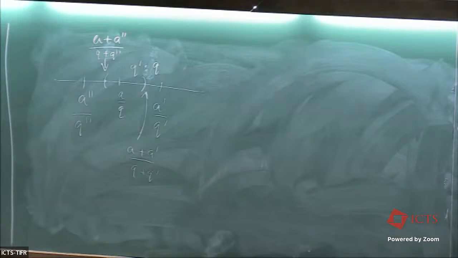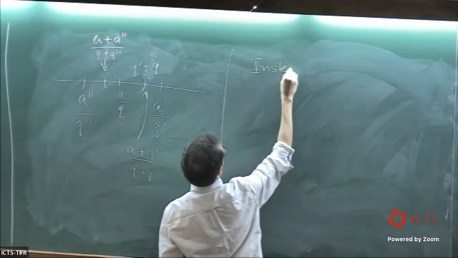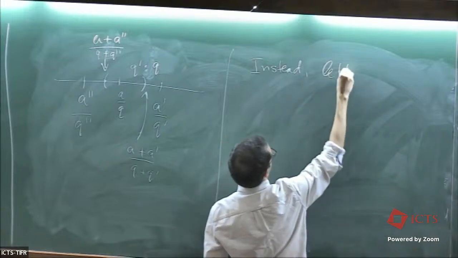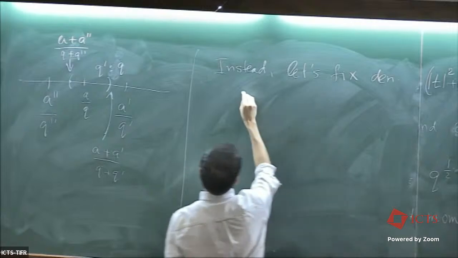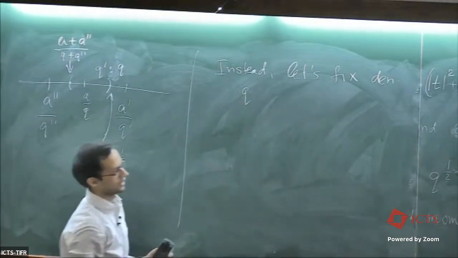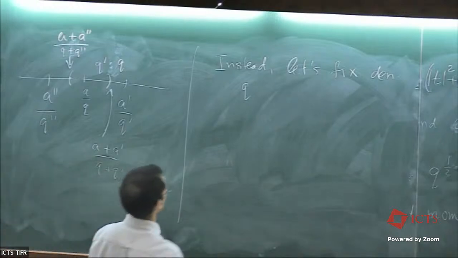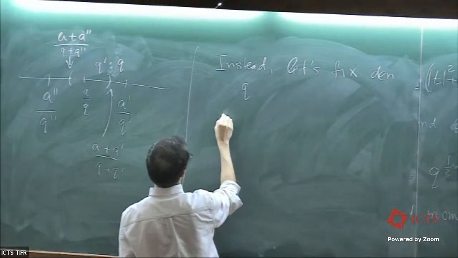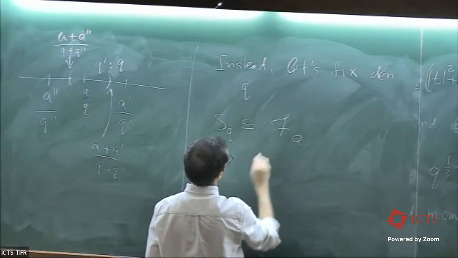Okay, let's fix a prime p. Or let's fix a denominator q and take all the reduced fractions modulo q. So you have a new thing, a subset. Let's call it S sub q of these Farey fractions.